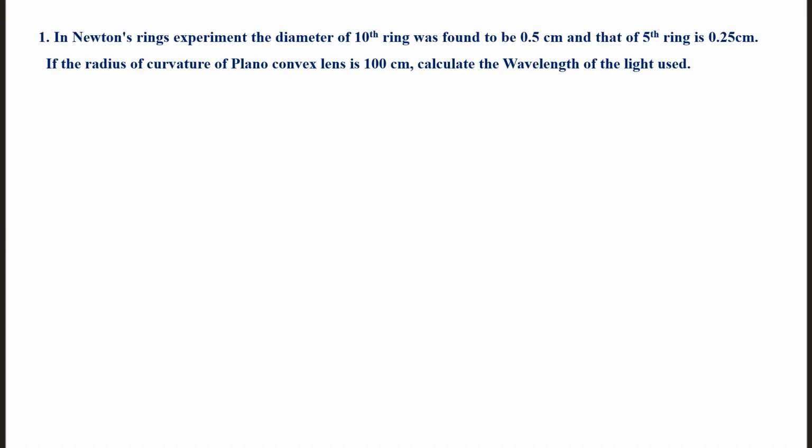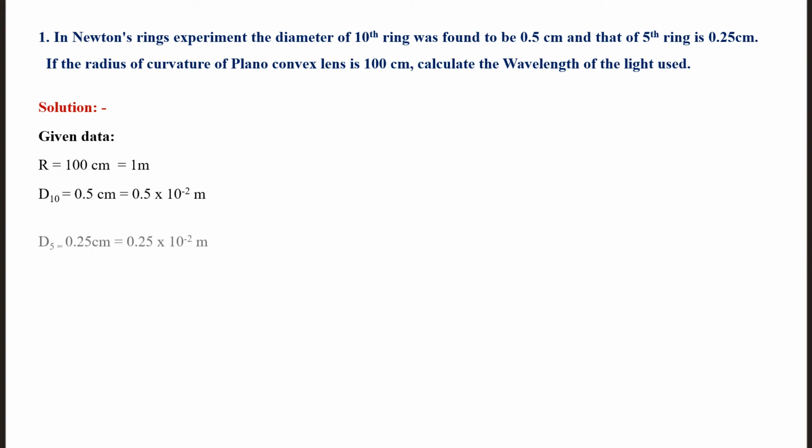Whenever you see the statement, the first thing that you are going to do is to write the given data. In this particular example, the data provided is the radius of curvature of the lens, which is 100 centimeter. We are going to convert it into the SI system, so 100 centimeter is equal to 1 meter.